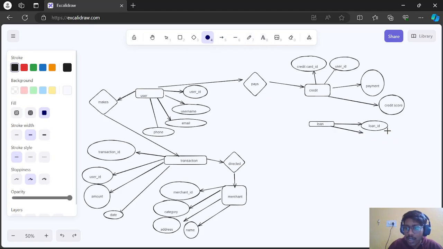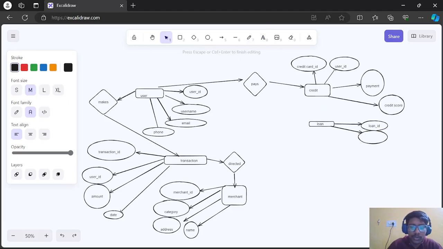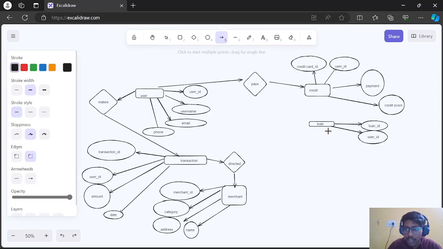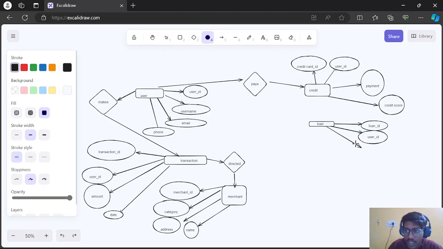And the next attribute would be nothing but the user ID, which specifies the one who's going to take the certain loan. And yeah, the next one would be the amount. Yeah, that would be the amount of the loan that a user is usually taking.